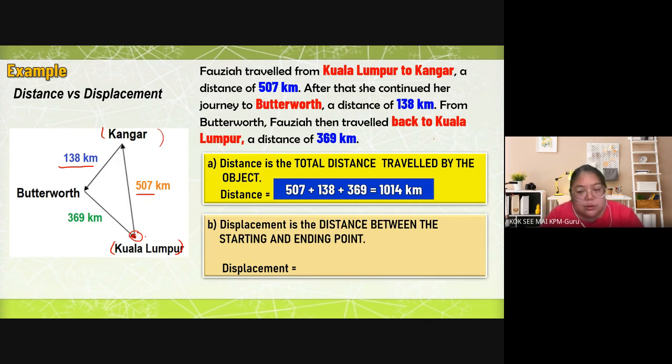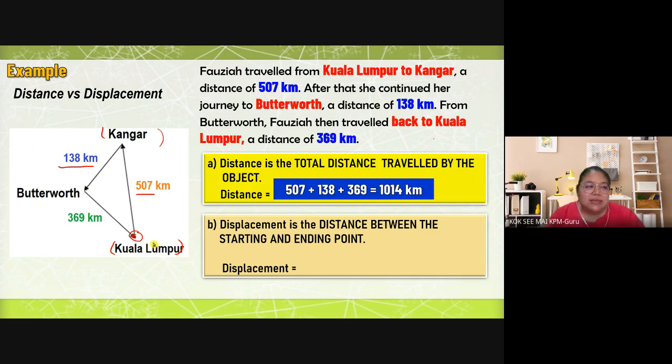Also KL. So you tell me what is the displacement? If you say you stop at the Butterworth, okay, 369 kilometers lah. That one is my displacement. Okay, but now I go to Ganga, I go to Butterworth, then I come back. So what is the displacement? The answer also can be answered. Wenxue also can answer. Kenchi also can answer. What's the answer for displacement?